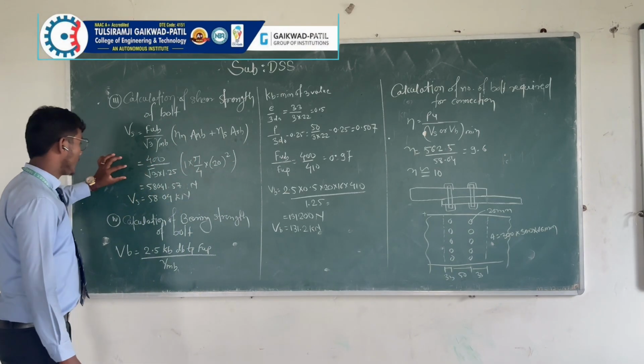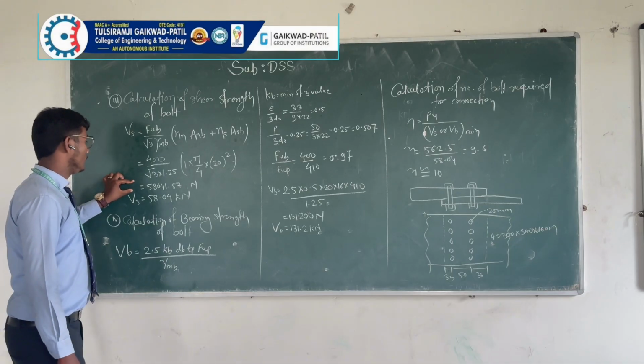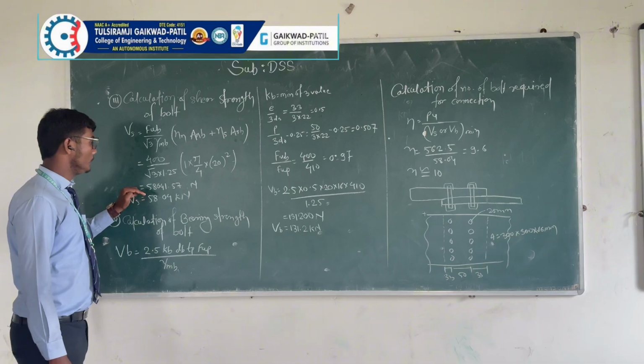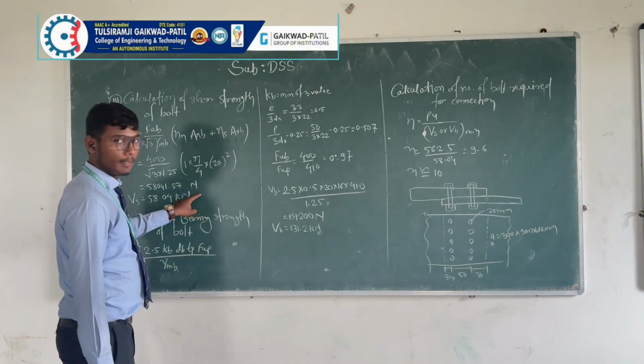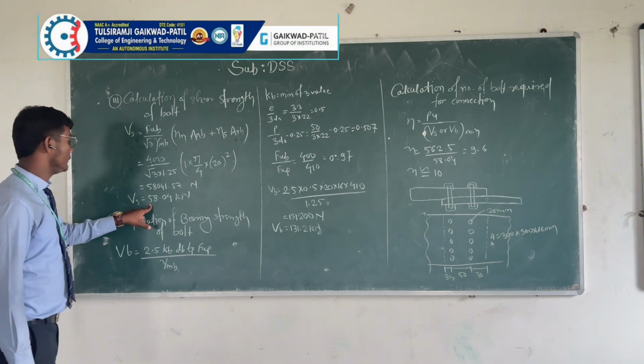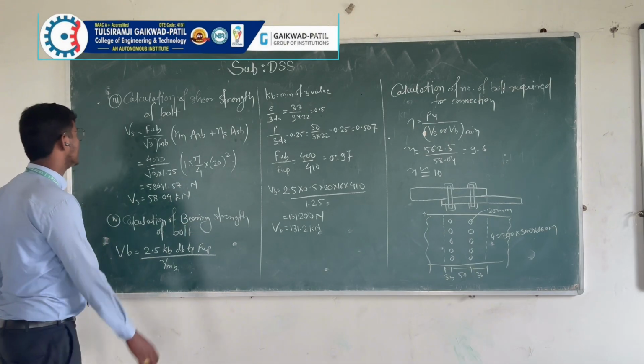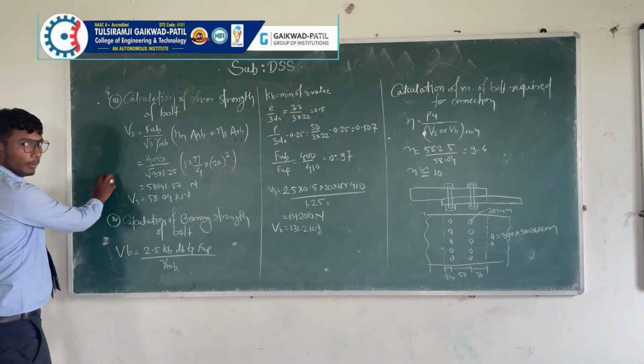Putting in the values, the answer is 10,041.37 Newton. Then Vs is equal to 58.04 kilonewton. This is the third calculated value.